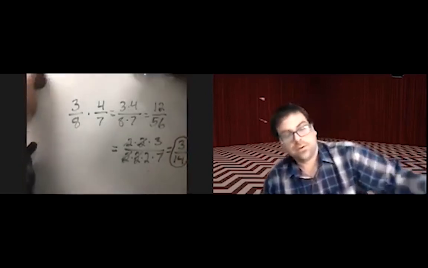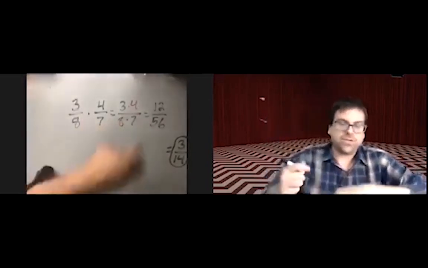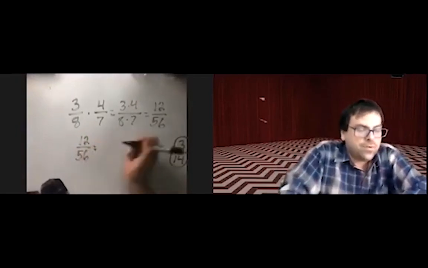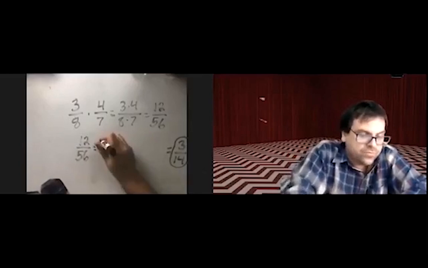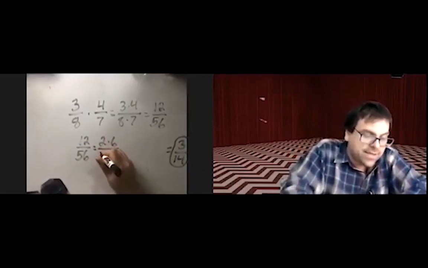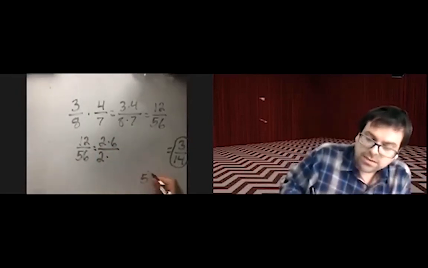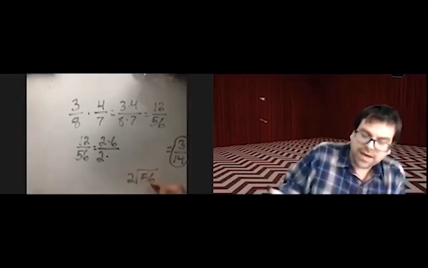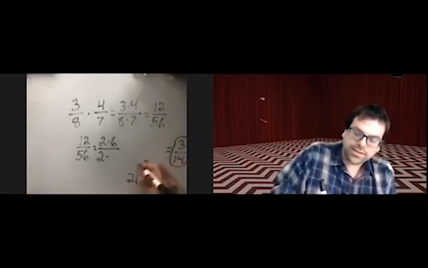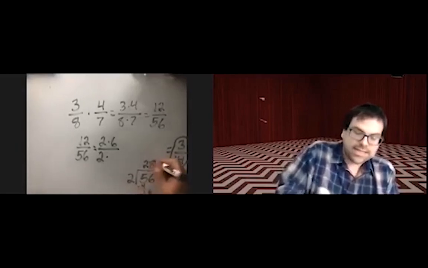Or you can just start thinking of common factors. From 12 over 56, we know that 12 would be 2 times 6. 56 is 2 times something. How do we find out what that is? We divide. 56 divided by 2. 2 goes into 5 twice. 2 goes into 16 8 times.